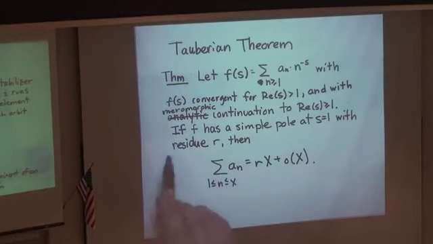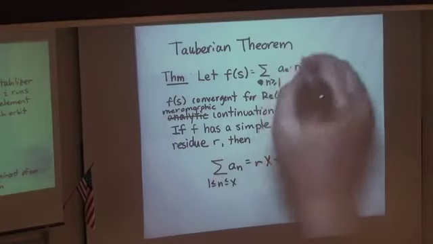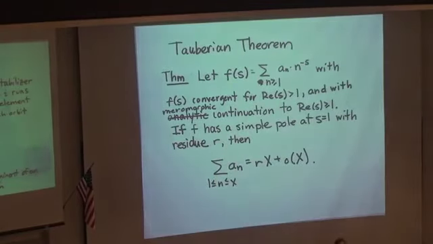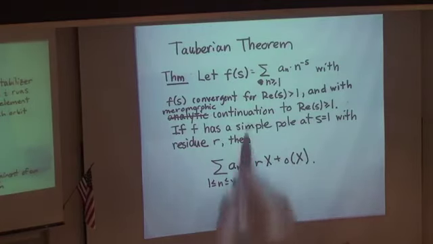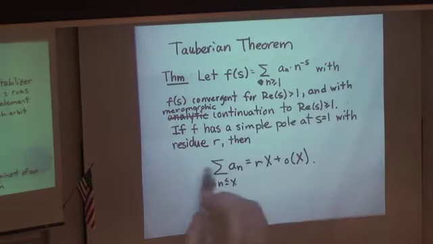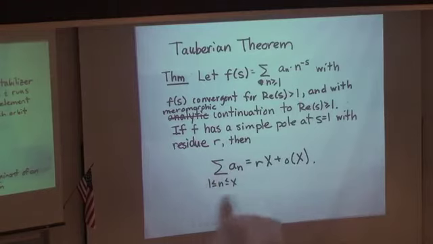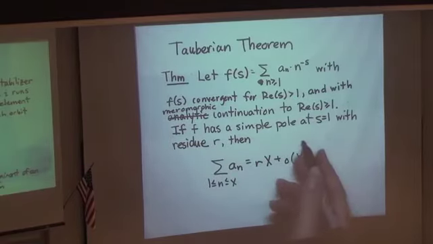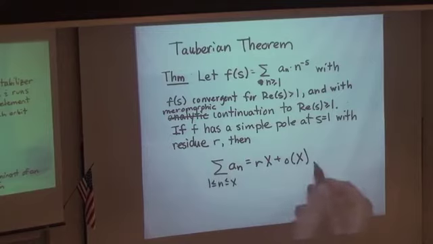And this theorem says that if we can do some sort of complex analysis and understand a rightmost pole of this function, then we can actually get an asymptotic theorem about how these partial sums grow, just in terms of the location of the pole, the depth of the pole, and the residue here.